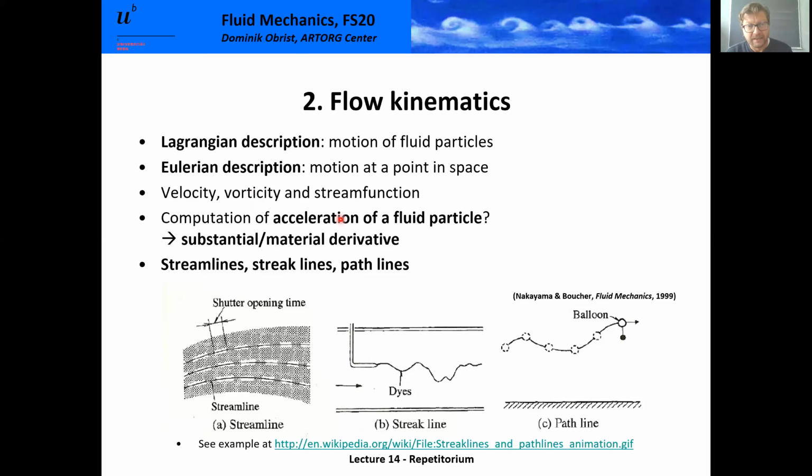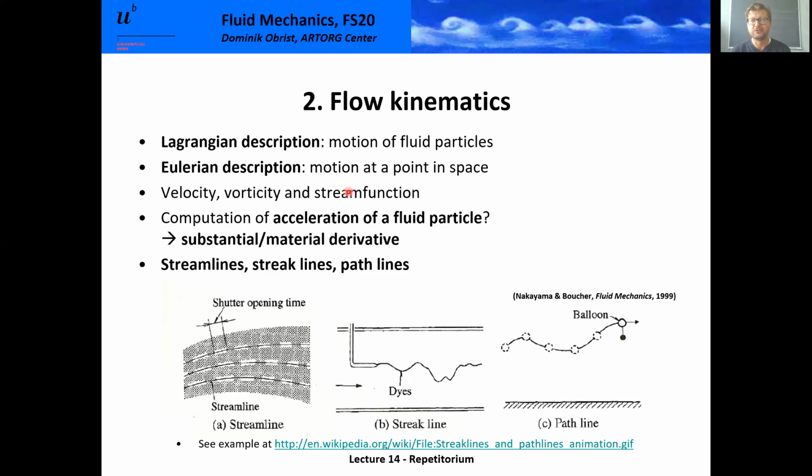And the third concept was the stream function, which allows us to describe a whole velocity field. Like in 2D, it has two velocity components, u and v. We can describe this velocity field, this vector field, with just one scalar function.